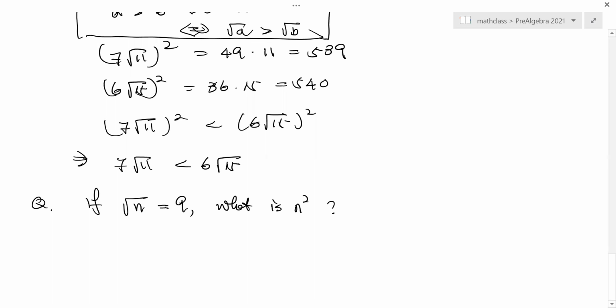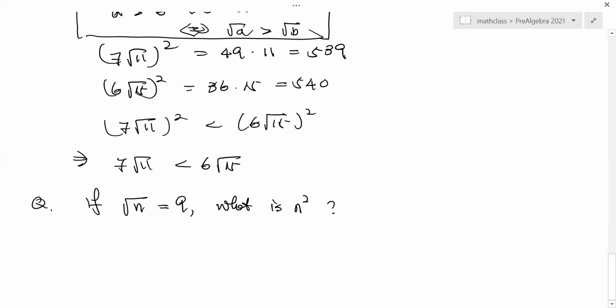You know, this is a problem just trying to test whether some students were confused with the notation, with the definition of square root. What is n squared? You see, Michael gave me the wrong answer.